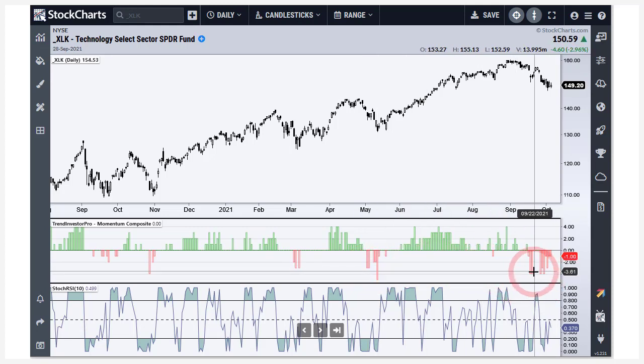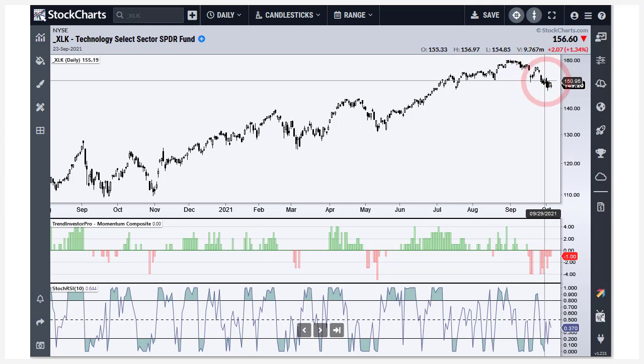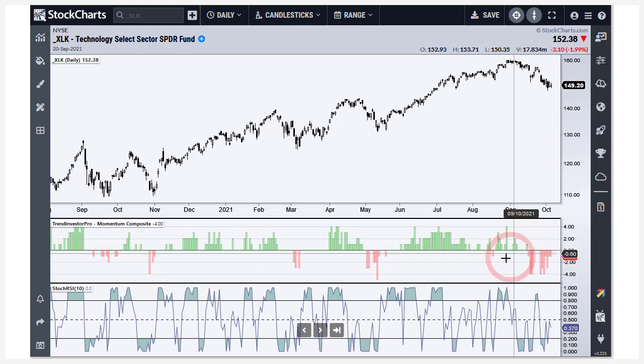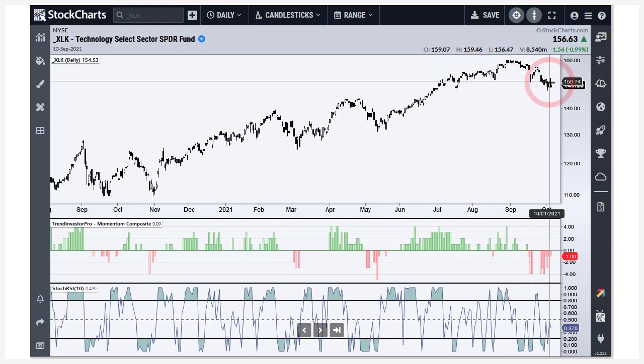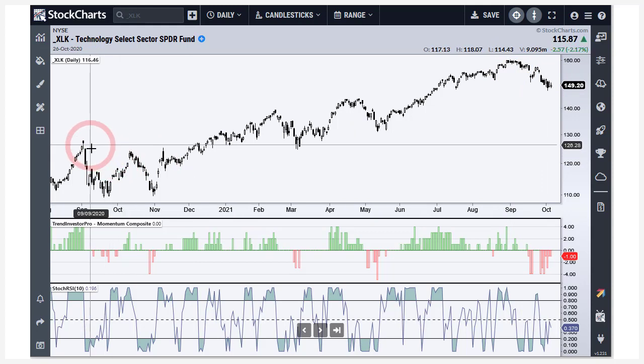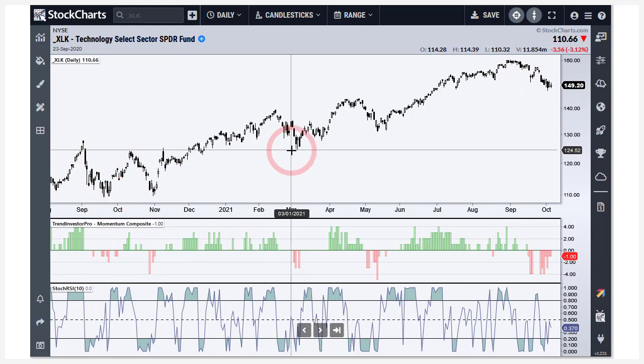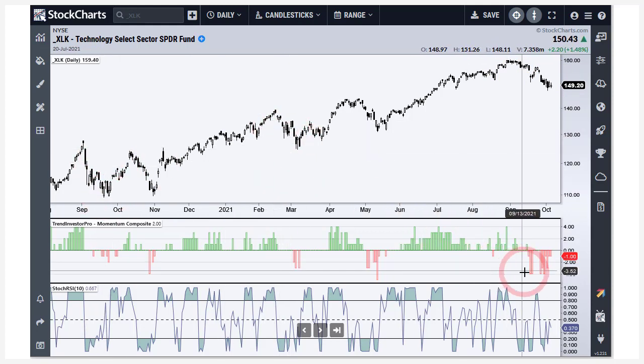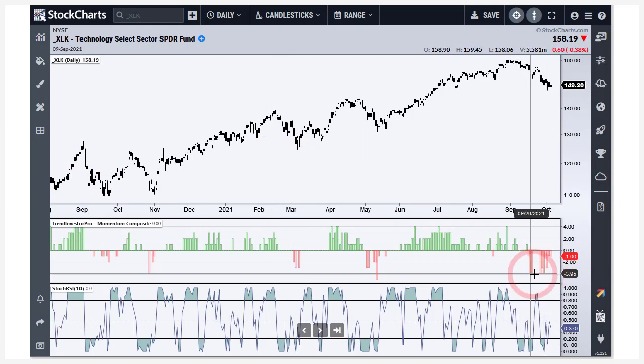So if you go forward there, you can see we became oversold in the middle of September on the 17th and the 20th, roughly, and we got a little bounce, but then we fell back. And so I'm going to open up this chart, but before I do, I think that this decline is more similar to the September decline than these other ones, because look at the extensive oversold conditions there.